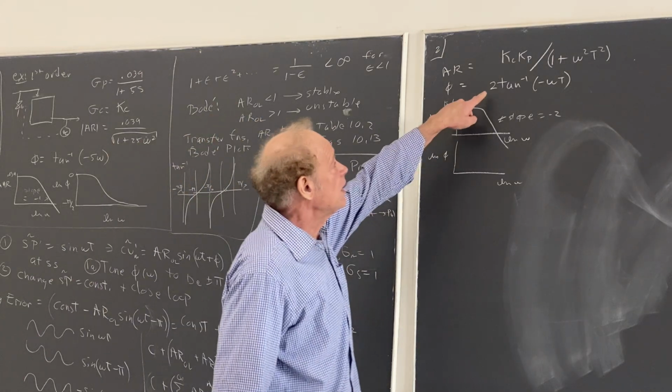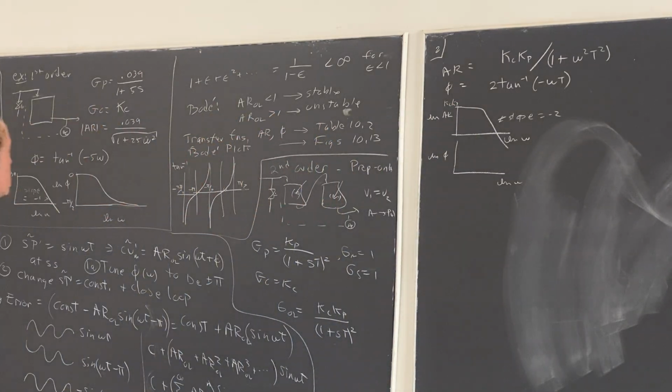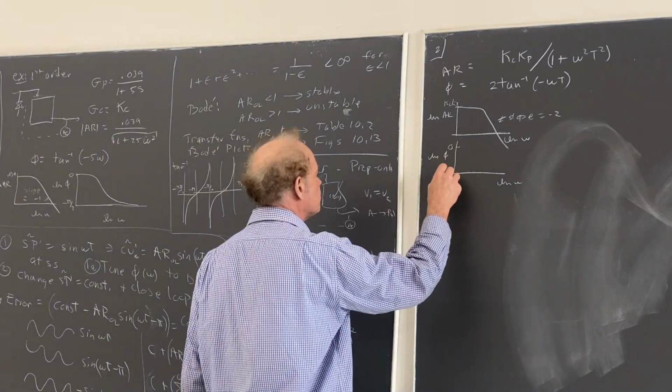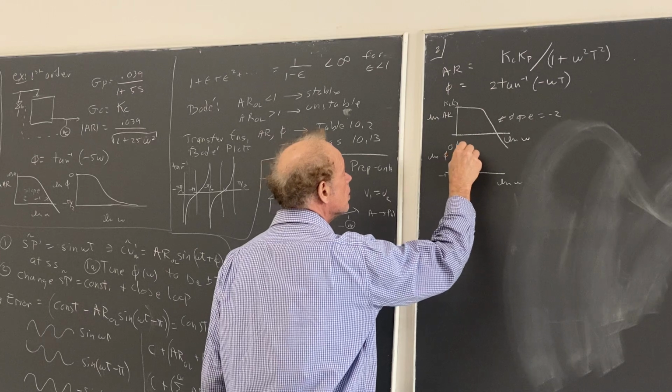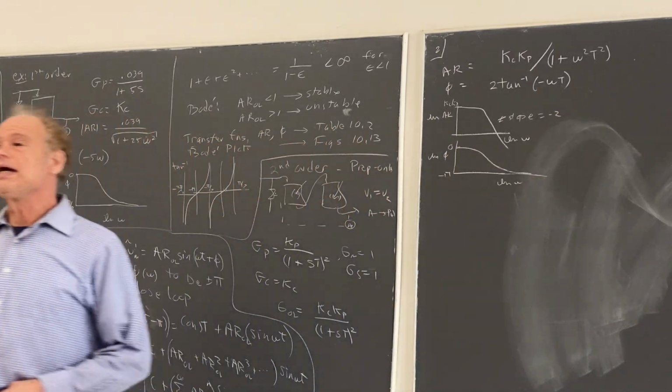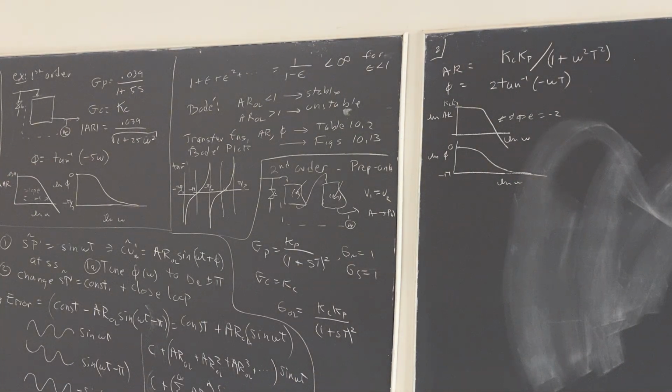Okay, this phase is twice the first order phase. So it's the same shape, but the range is twice as big. So I go from 0 to minus pi. And what you can see here is I never get to minus pi. I need omega to be infinity before I get to minus pi.